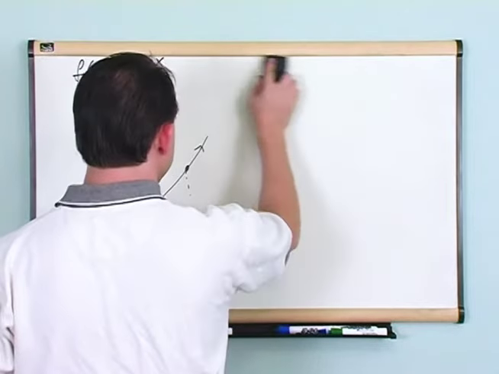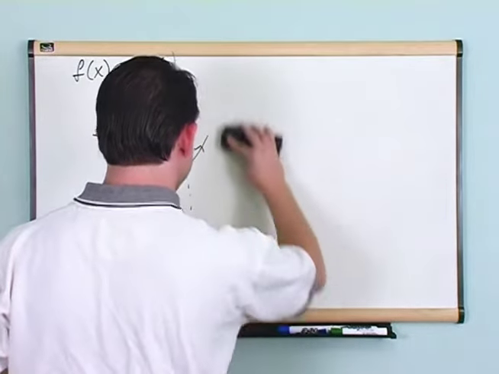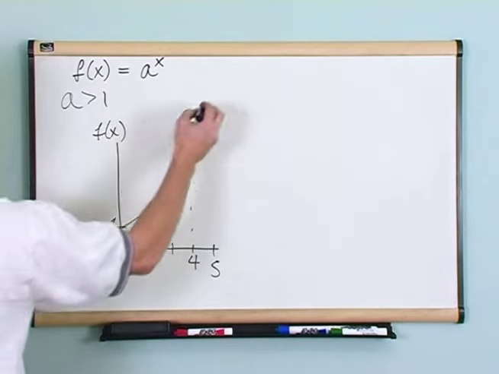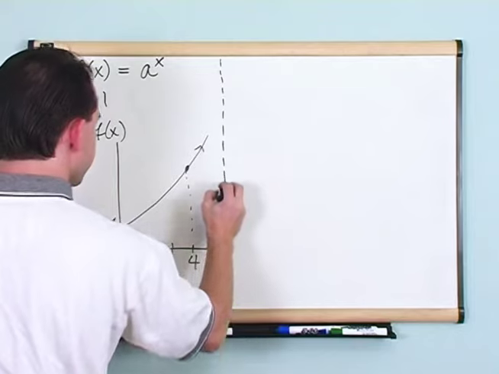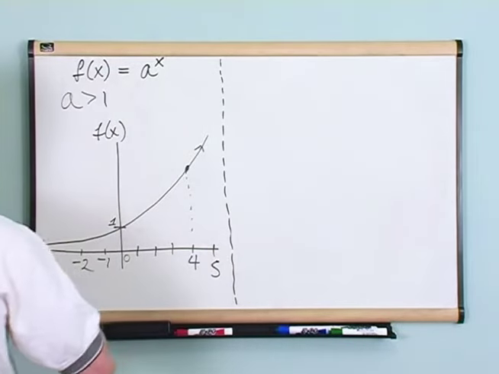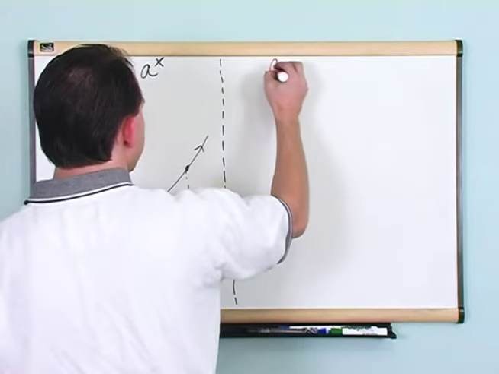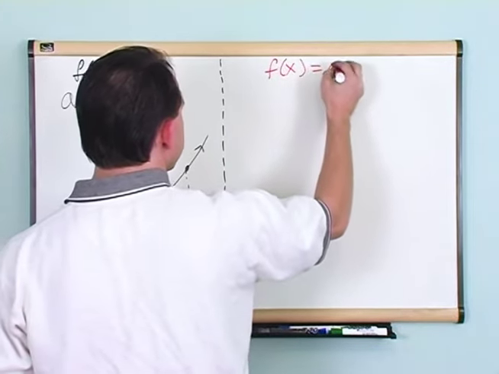So I'm going to go ahead and truncate this graph here. I'm going to write up here, a is greater than 1. And I'm going to draw a dotted line here, and we're going to draw a different graph, but very similar over here. Again, we're going to say f of x is a to the x, same equation.